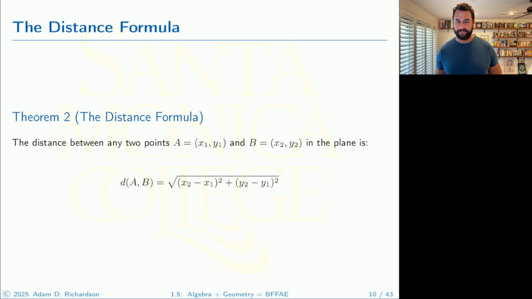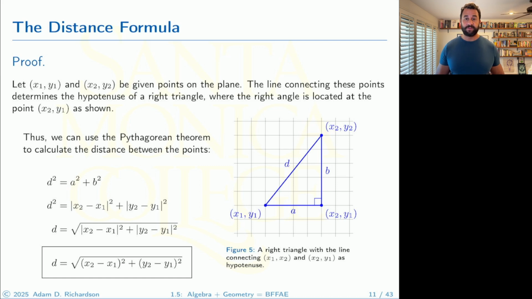All right? Okay. Now we are going to prove this. The proof is actually quite short and it's very edifying. So we're going to go through it right now. Let x1, y1 and x2, y2 be given points on the plane. They could be any 2 points you want. Now, the line connecting those 2 points, here they are on the picture, forms the hypotenuse of a right triangle, right?